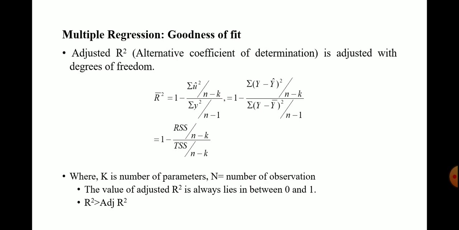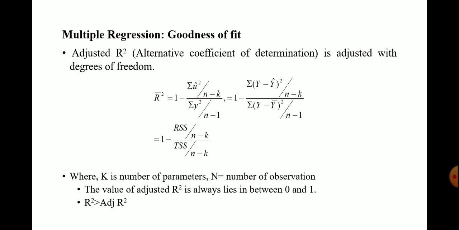Then we discussed what regression is and how it is different from correlation, what conditional mean and unconditional mean are, what PRF and SRF are, the objective of regression, what OLS is, and how to derive the OLS estimators and find the values of beta 0 cap and beta 1 cap using an example.